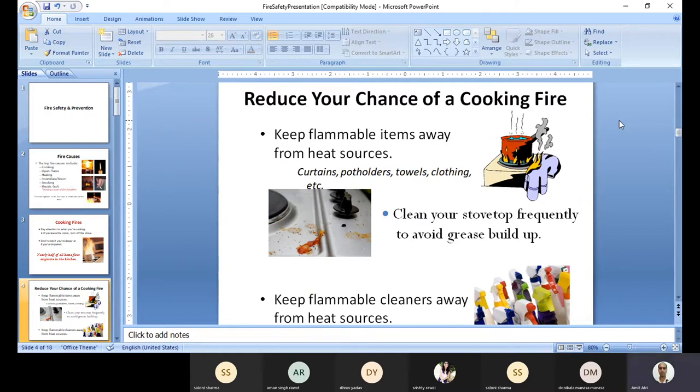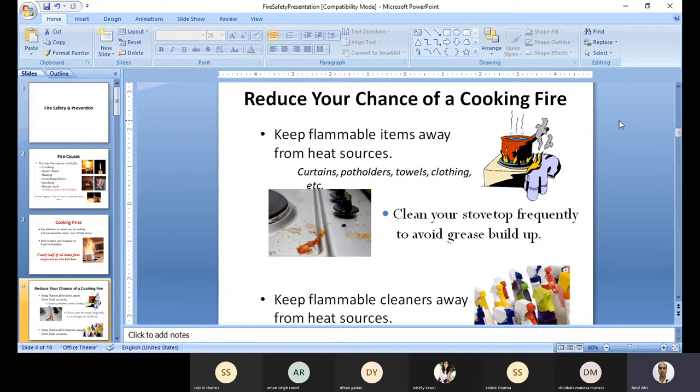One more thing which leads to fire, and is one of the preventive measures, is the leakage of cooking gas. Many times the government itself and some social service agencies try to increase awareness that whenever cooking gas is leaking, always pay attention to that.